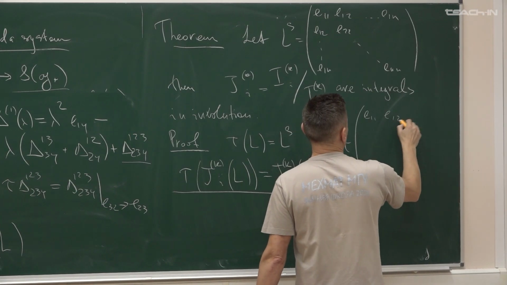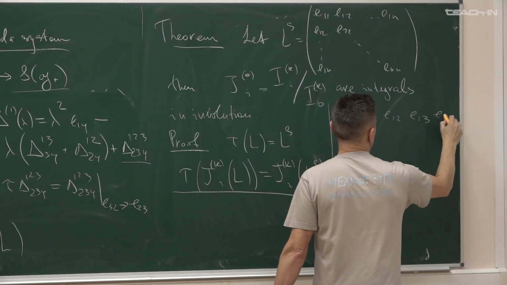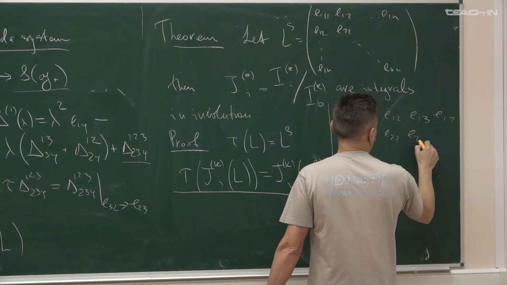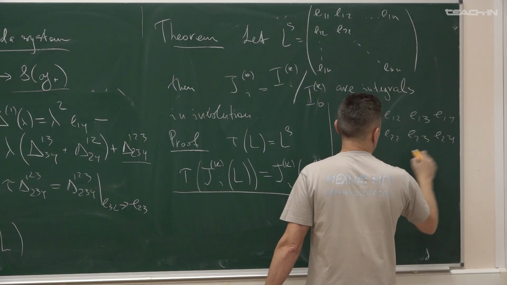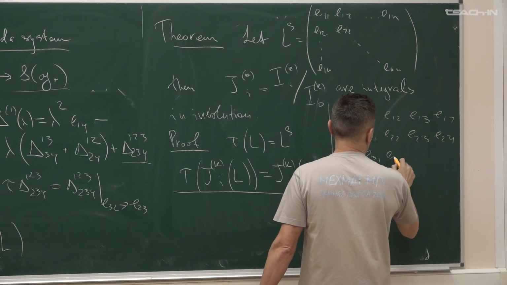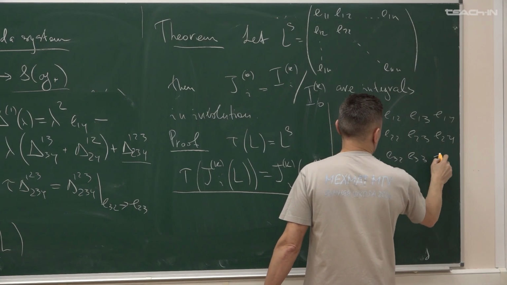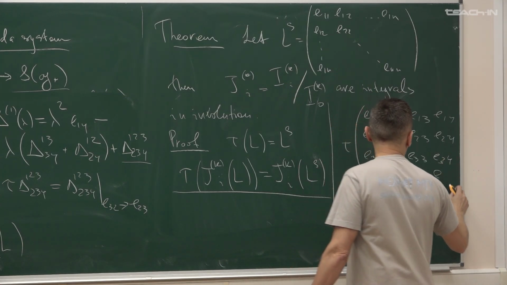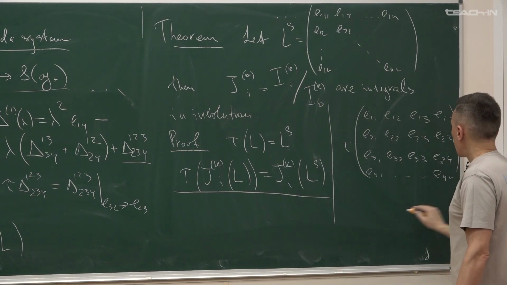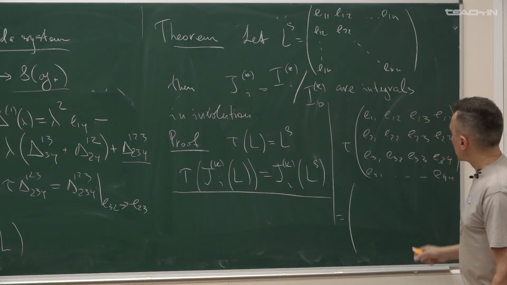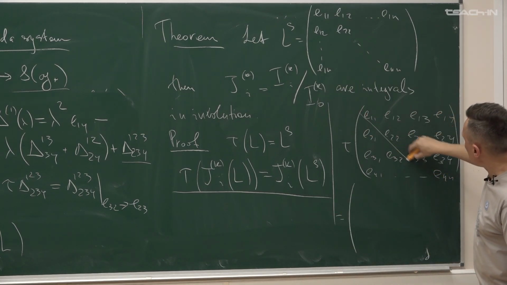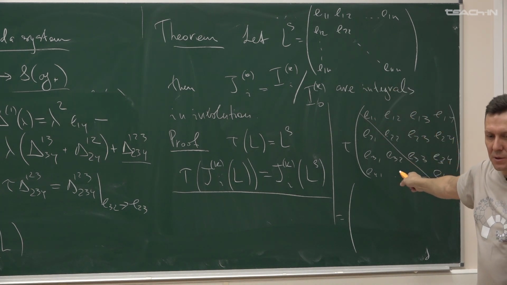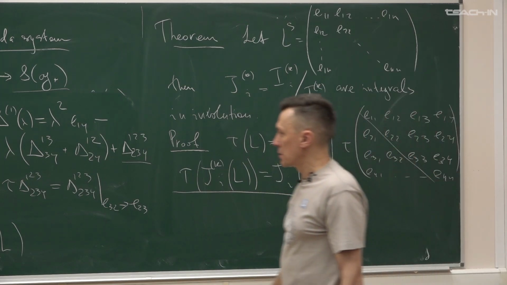E11, 12, 13, 14, 21, 22. So it is applied to all the upper corner as an identity.